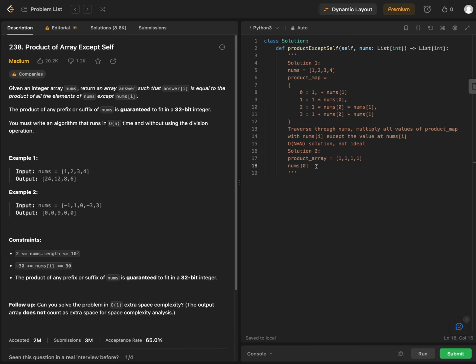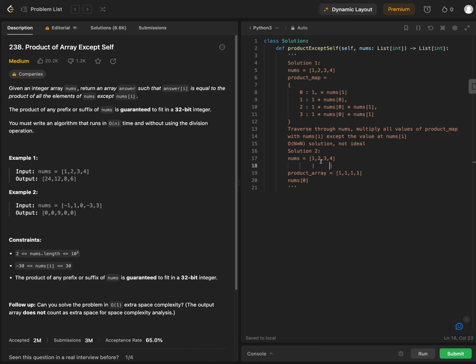Or could I have a 2-pointer solution? If I have a 2-pointer solution here, perhaps something like this, and then we have 1 and 4, and then multiply 1 with 4.